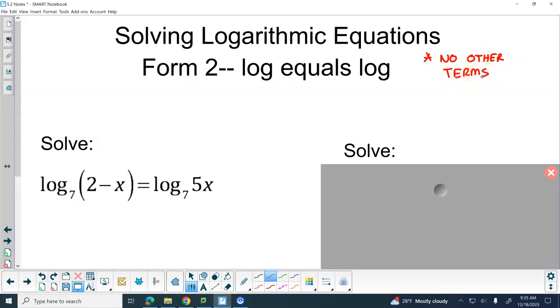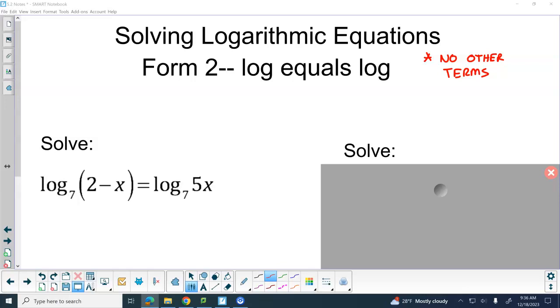So we got no other terms going on here. We just have log equals log. This also works if you have exponential equals exponential. Okay?